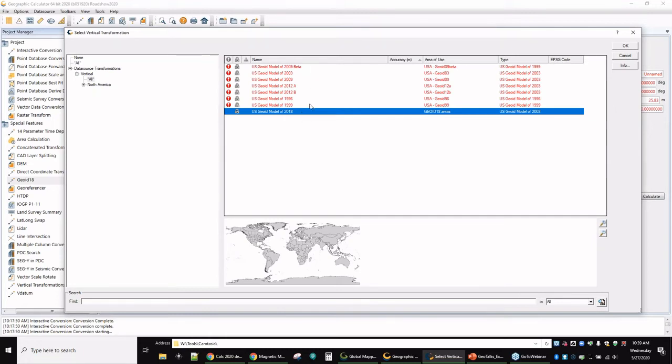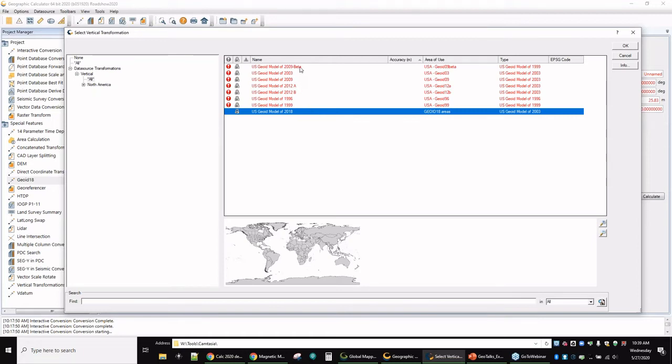The reason I don't keep all of these on my machine is because the grid files do take up a little bit of space. And once you've moved on to a new survey standard, you really just don't need the old one anymore. Geoid 18 is effectively all we need right now.